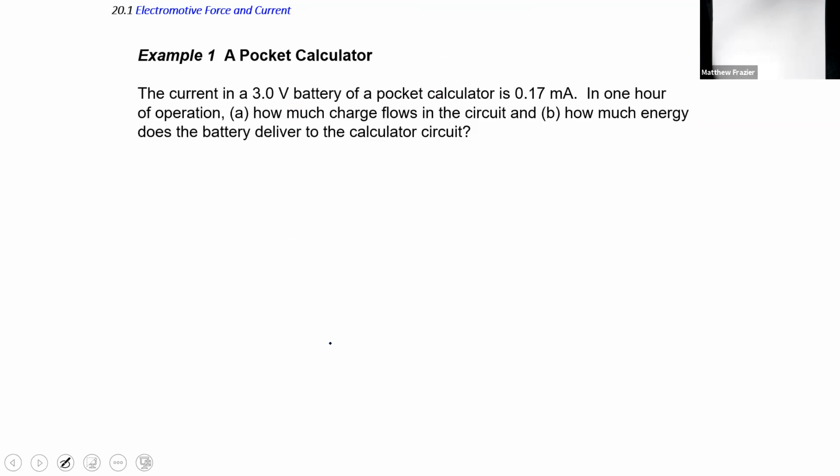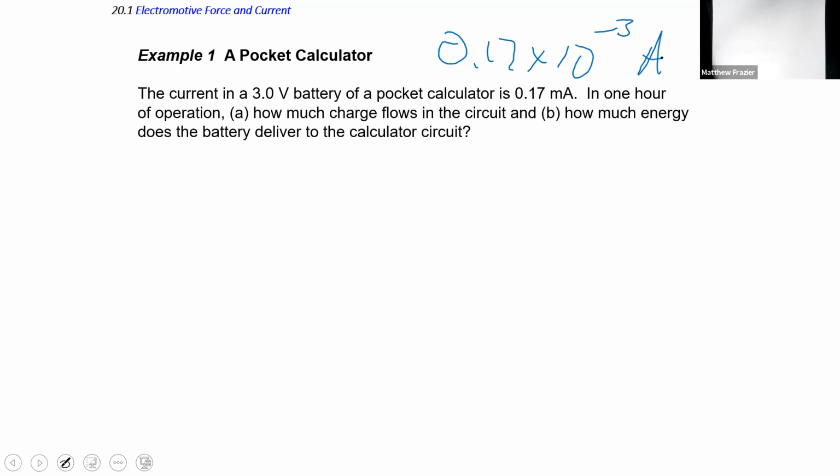So we have a problem to work on. We're going to hook up a calculator to a battery. Battery is 3 volts. And the current used is 0.17 times 10 to the minus 3 amps.